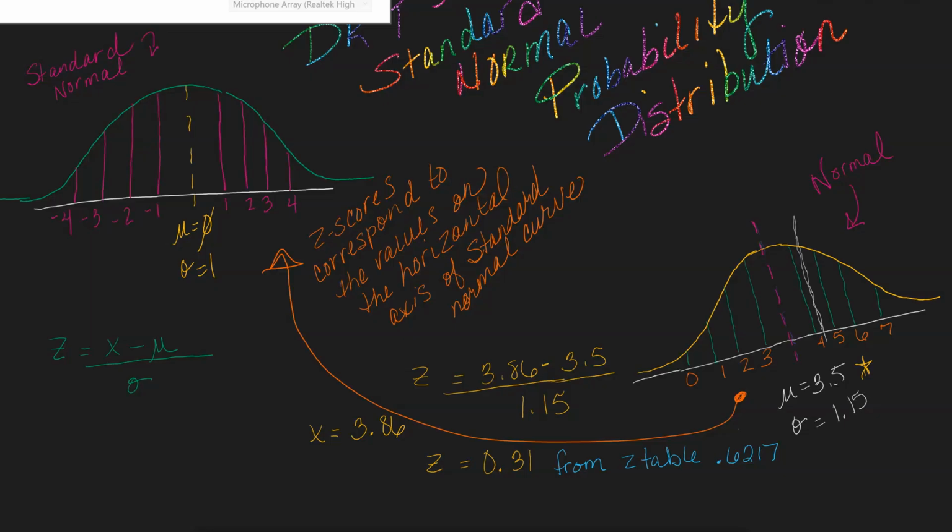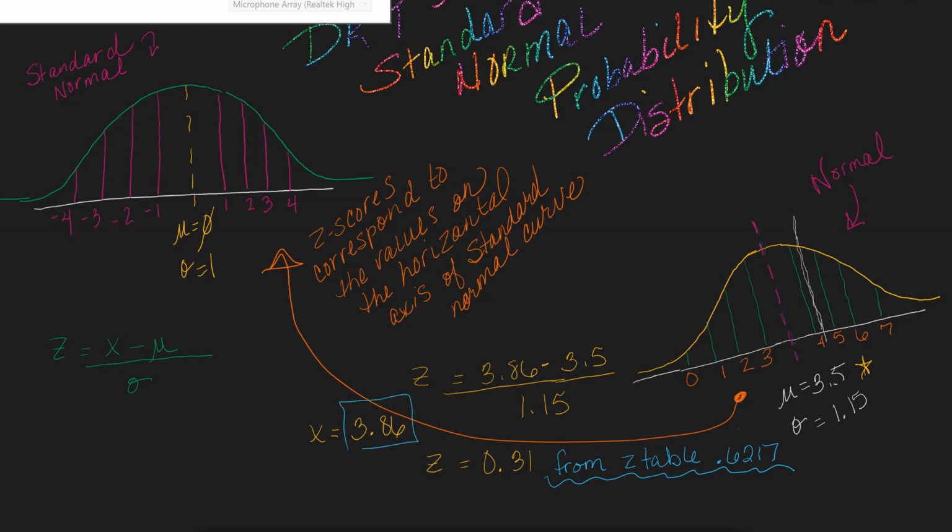Now I've gone ahead and I've just noted what we got from the z table here. So if we have an x in these data, whatever data we're looking at, 3.86, that's the point we're most interested in. And we want to know where it falls under a standard normal curve. This 0.6217 is telling us how many standard deviations away from the mean this score falls.